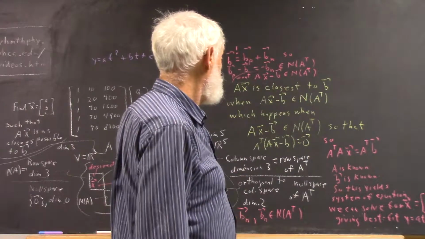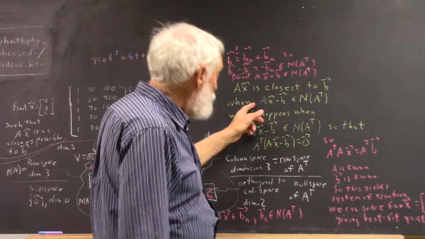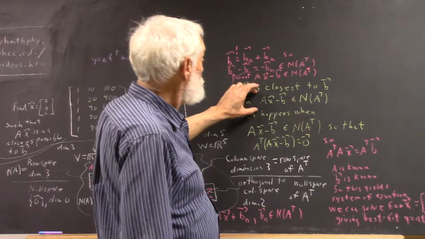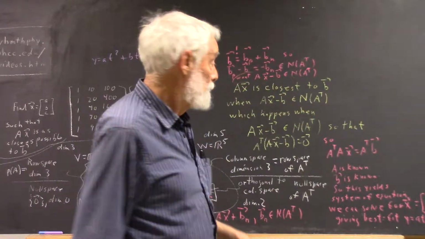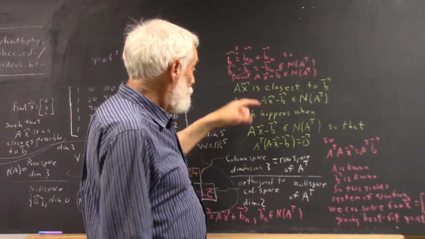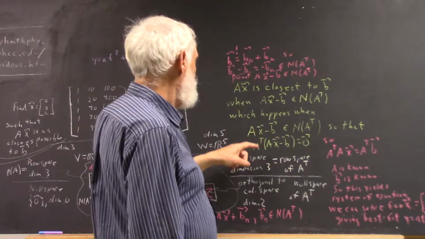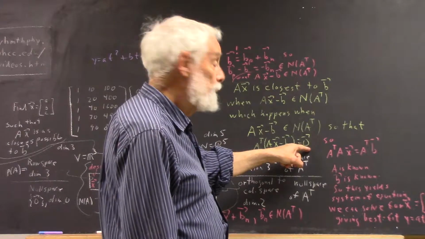Just this condition. Now, what do we make of that condition? Well, if this is in the null space of A transpose, then if we multiply this vector by A transpose, we should get the zero vector, because that's what it means to be in the null space. So that happens when AX minus B is in the null space, which means that A transpose times AX minus B is equal to the zero vector.